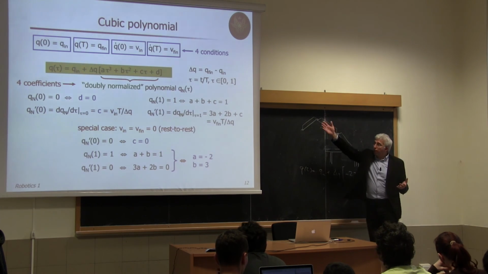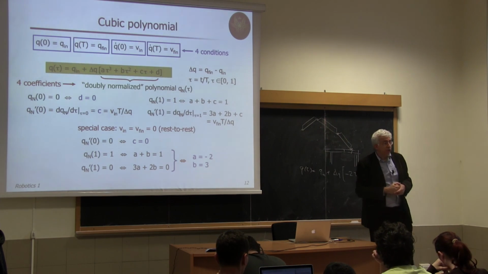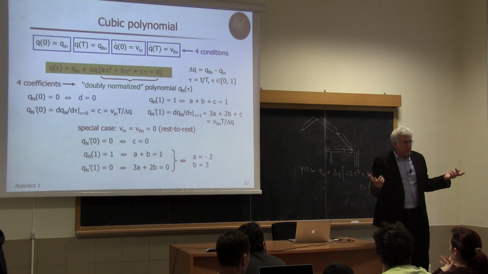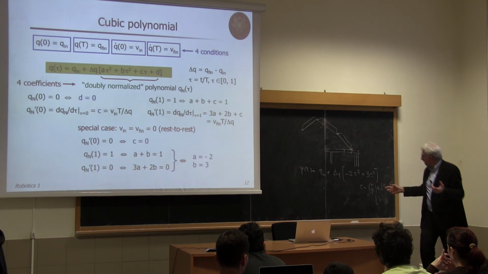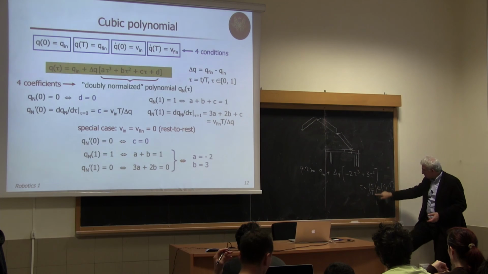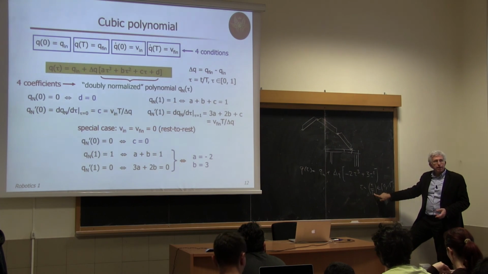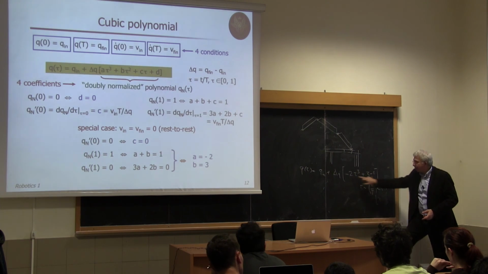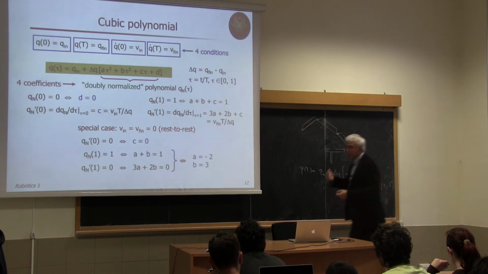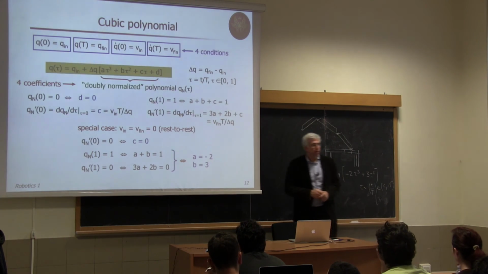Then you need to solve a set of 4 equations in 4 unknowns, and you get strange numbers. But these strange numbers are exactly those 3 and minus 2, where you put delta Q here, and where you divide time by capital T. So this is still there, but these numbers are always fixed. Okay, this is an advantage of using this double normalization.